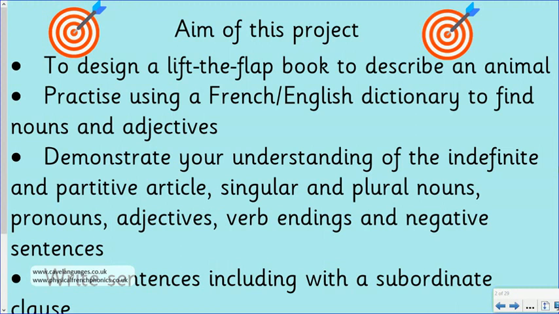So there's quite a lot of things. But as I said before, these were all covered in the Design a Cartoon Character project. And we're also going to be making slightly more complex sentences using a subordinate clause. If you're not sure what that is, I will be explaining that later.